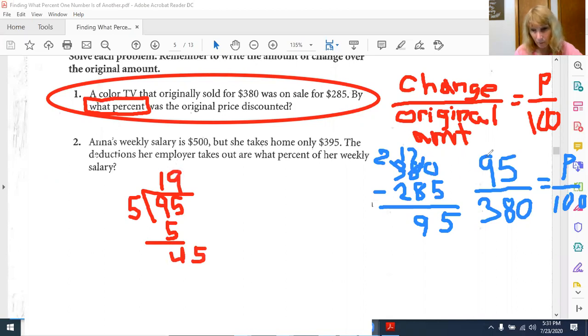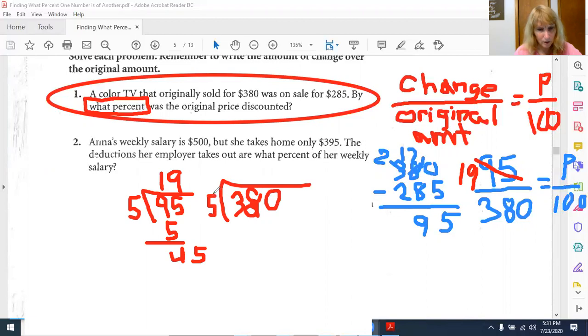And if I divide 380 by 5, 5 times 7 is 35. 38 minus 35 is going to give me 3. And I bring down my 0. 5 goes into 30 6 times, so this will be 76. That helps reduce it a little bit.